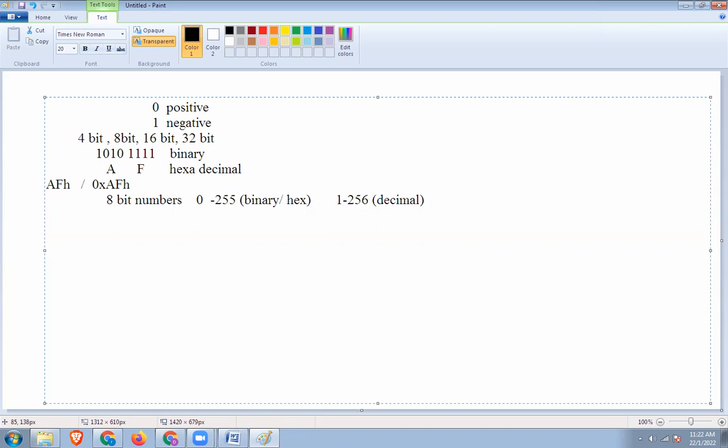The numbers 0 to 255 are represented in hexadecimal or binary in this fashion. Last lecture I told you that series. So if I have a total of 256 numbers, I will divide these 256 numbers into two sections.